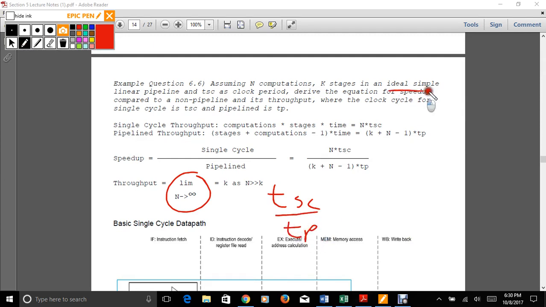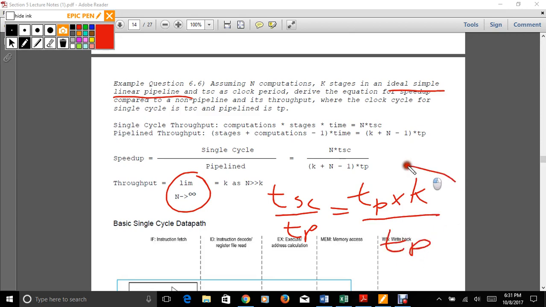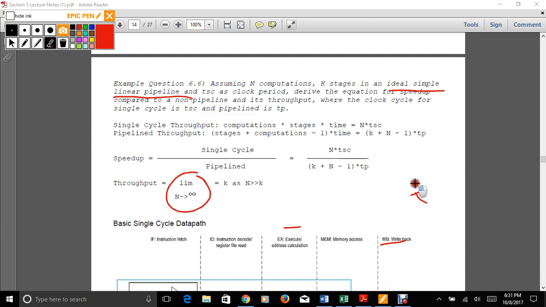in the ideal simple linear pipeline, we're just going to say this is T_p times k for T_sc, because the whole idea of this is to improve the performance of the pipeline over a single cycle data path by breaking it down into k stages. So when you do that, you get the value of k.